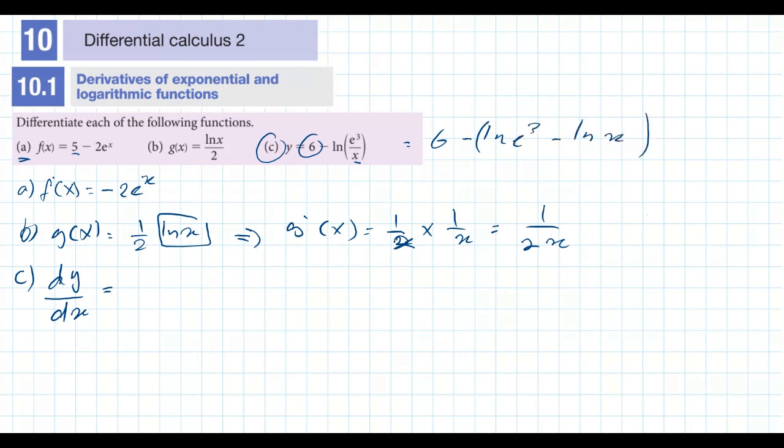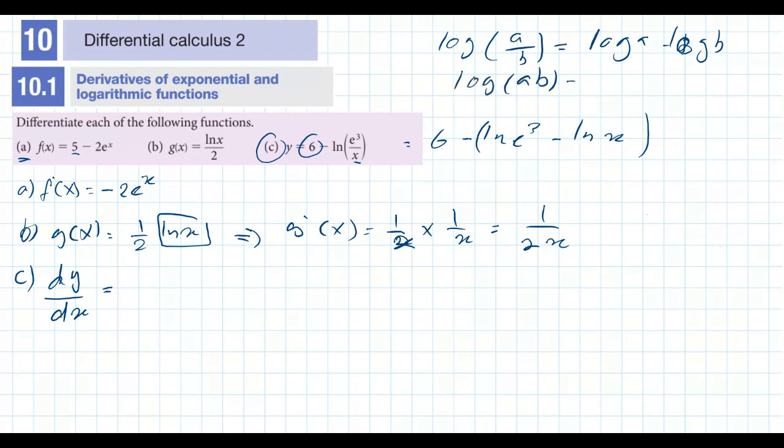Do you remember this rule? If you have, for example, log a over b, it equals log a minus log b. And if you have log ab, it becomes log a plus log b. Okay?